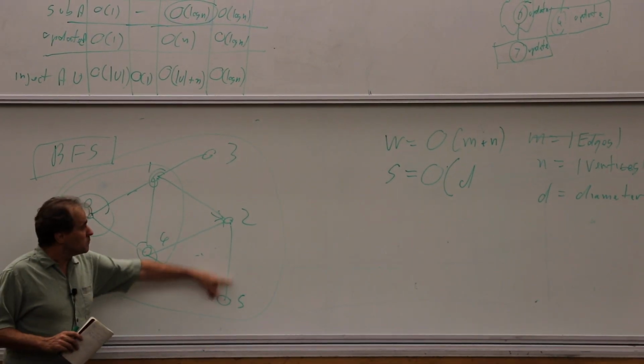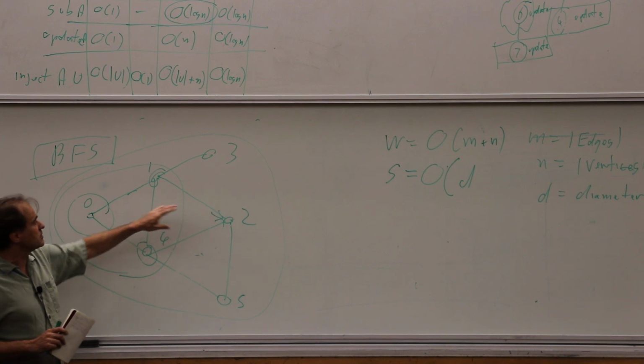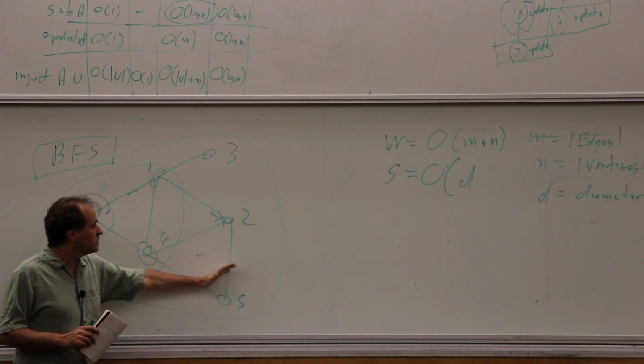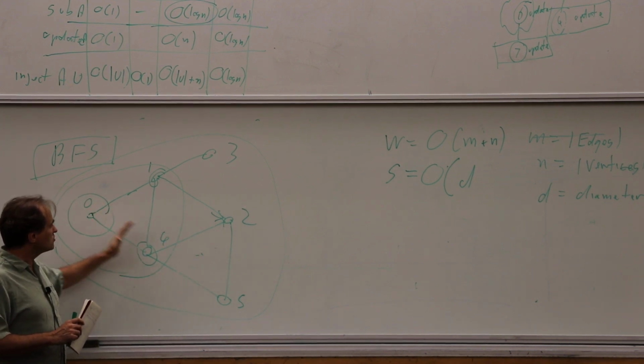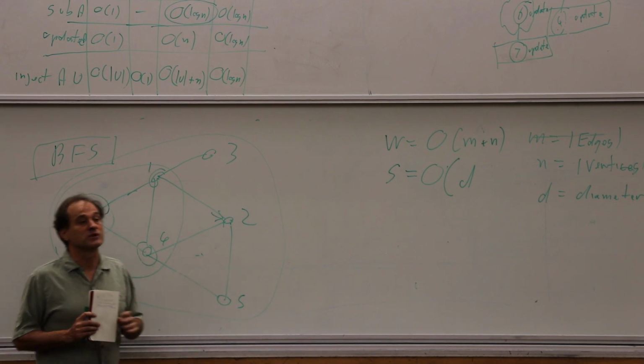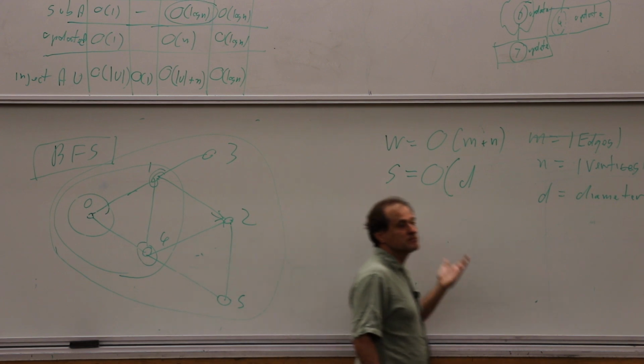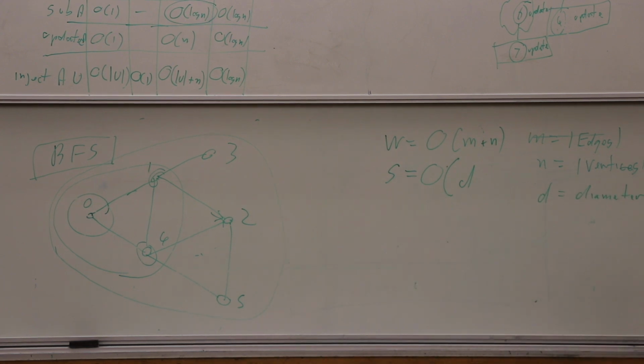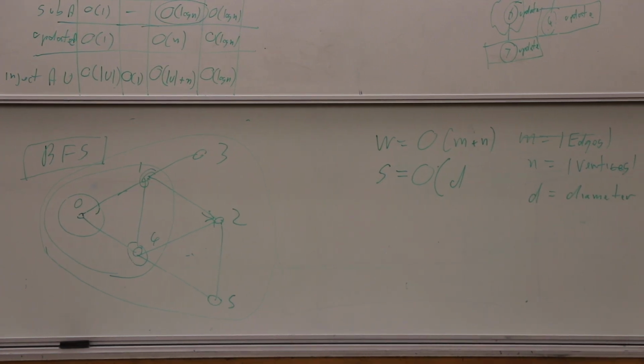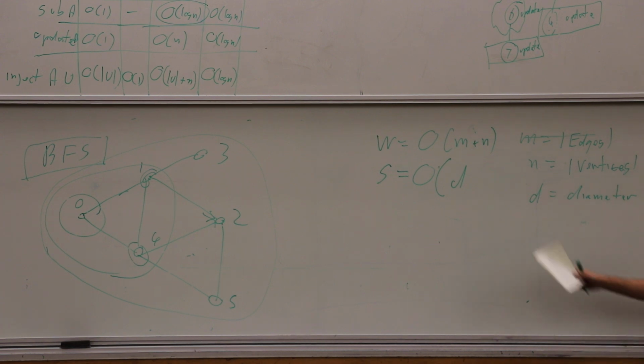So the span should be somehow proportional to the number of levels we search. And this could actually be better if you're doing a bounded breadth first search. Like I said, often Facebook is just going to say, find everyone that's 3 hops from you. Then this would only be 3, right?